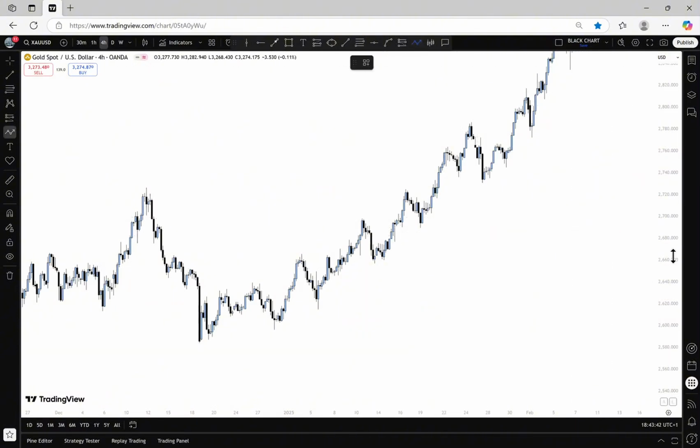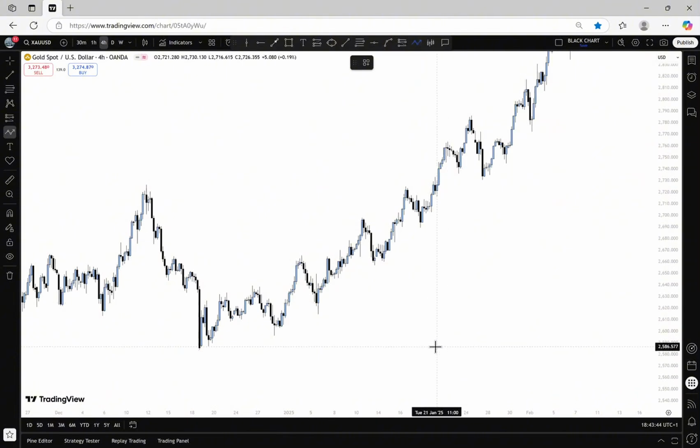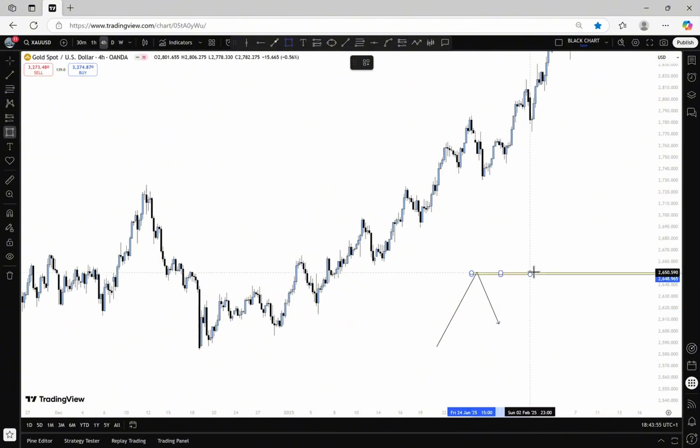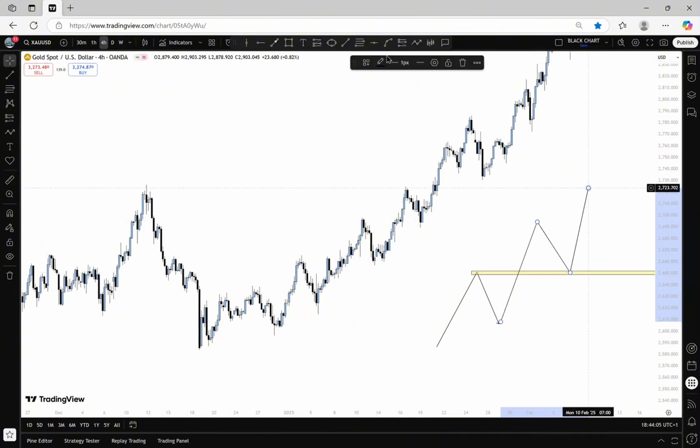So price broke our resistance zone just like this. What do we expect? We expect price to break our resistance zone, move back, turn our resistance here into a support, then we'll look for a buying opportunity.